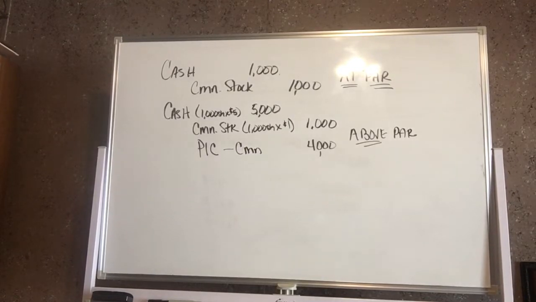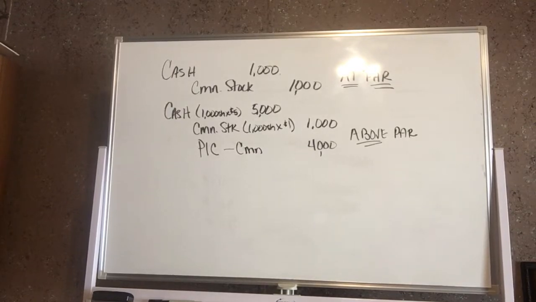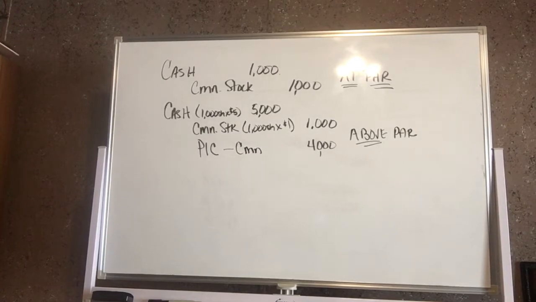You're going to credit common stock for the 5,000 times the $5 stated value, so 25,000, and then the excess of 15 would go to PIC on common. Only it's not paid in capital in excess of par. If it's all written out, it says paid in capital in excess of stated value. That's the only difference.